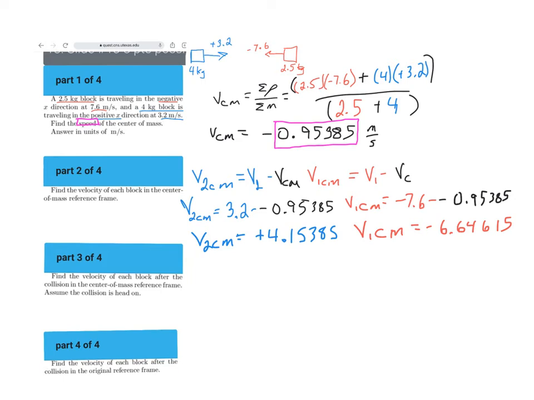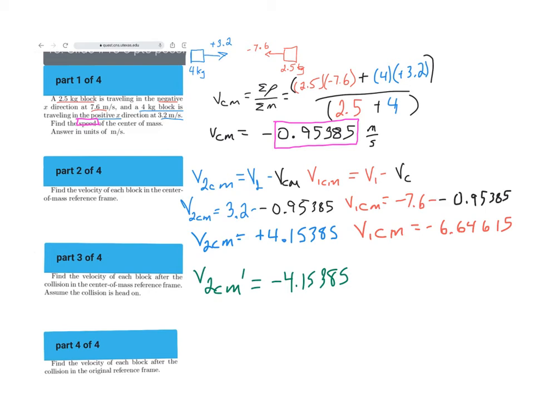Now for part 3, the whole reason we are doing this is because it's really easy to find the final velocities from the frame of reference of the center of mass. All we have to do is take our previous answer and make it negative. So V2 cm prime, which is the velocity afterwards, is going to be the same magnitude, just the opposite direction, so negative 4.15385.